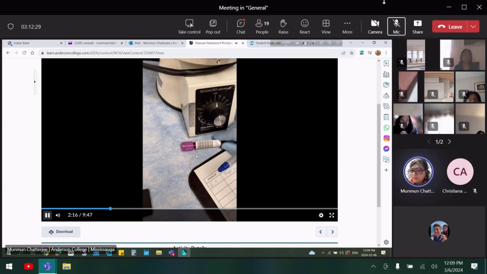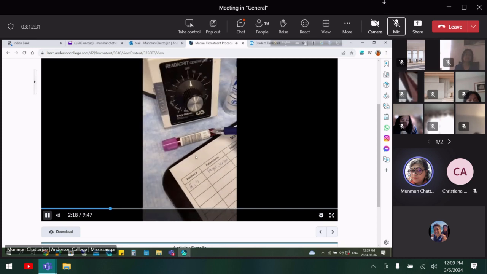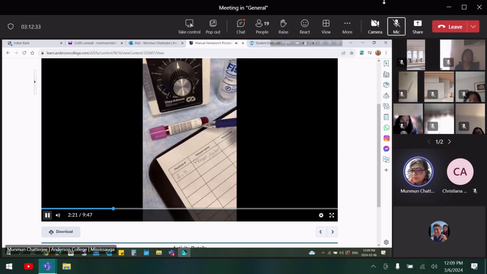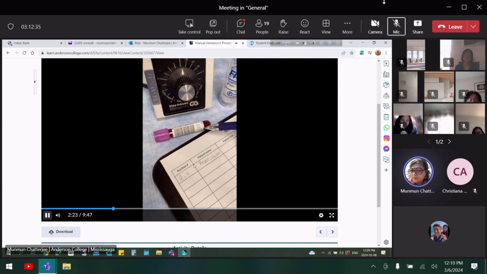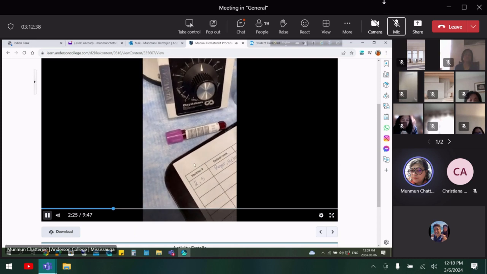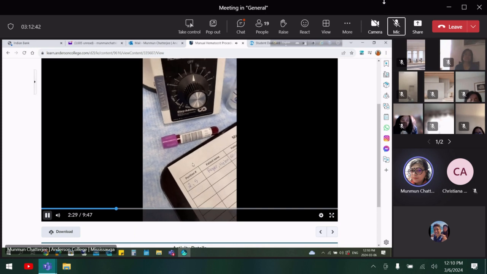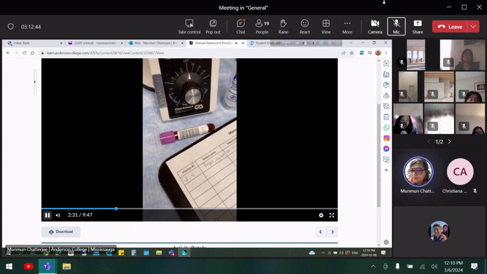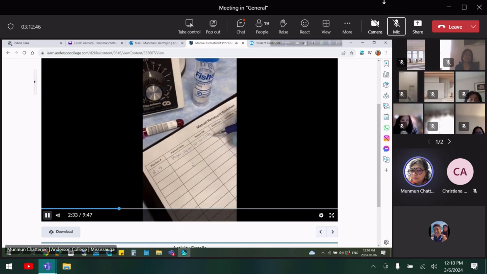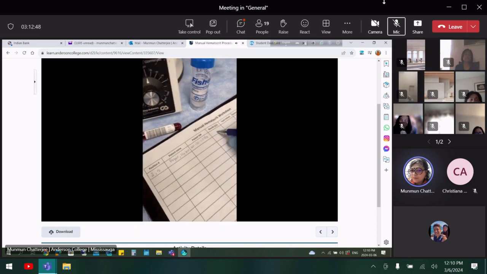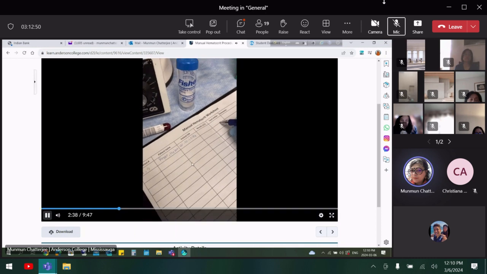I like to put in the accession number right here, which is your year, your Julian date, and then the number for that specimen for the day. This is because this is a manual test, and we will have to enter this into the LIS ourselves. Once we get our results, we'll put them there and initial it to result.